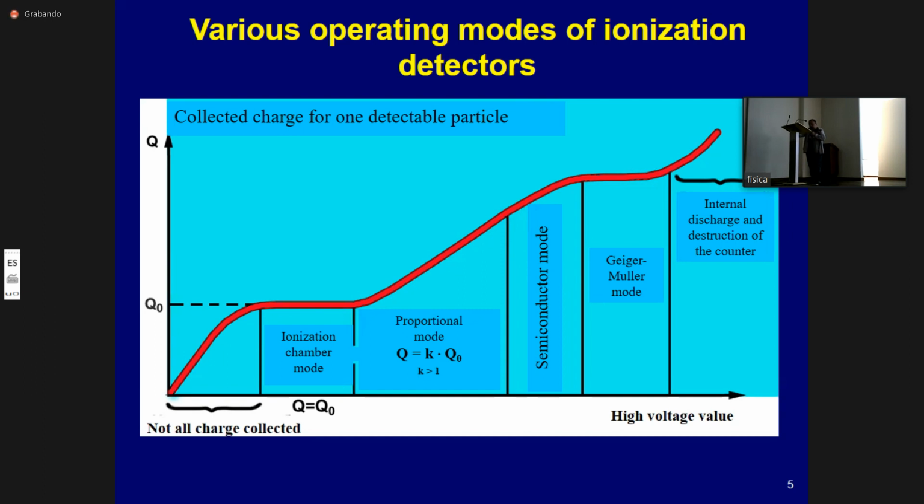If the applied potential difference between the anode and cathode is too small, then the charge will not be fully collected. With a potential difference sufficient to collect all the ions, the charge Q equals Q0 collected from the electrodes. This is the mode of operation of an ionization chamber.